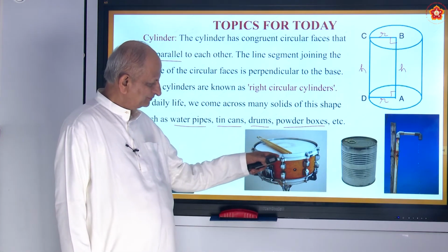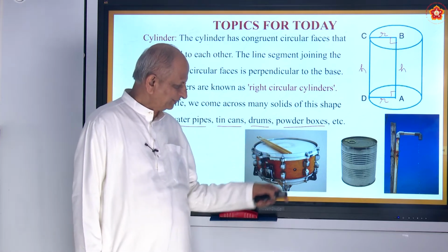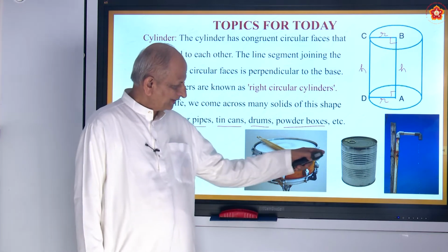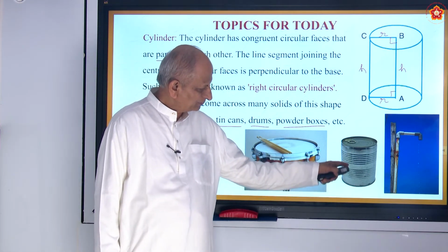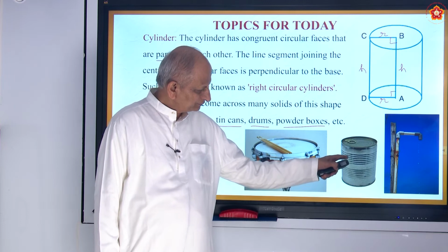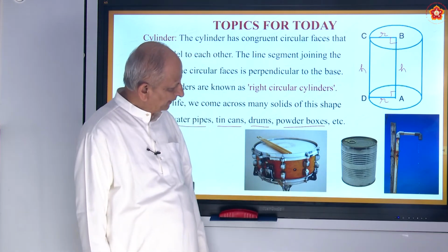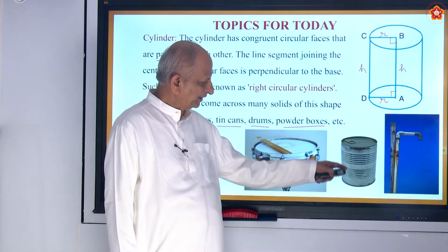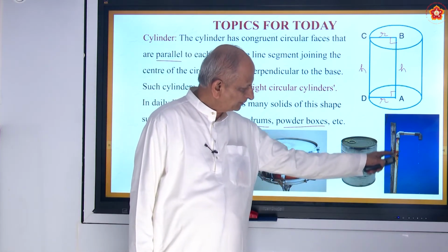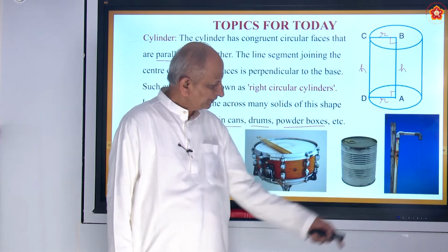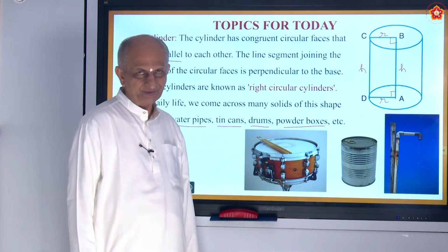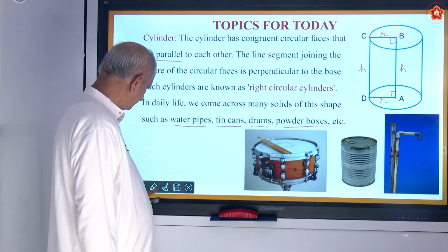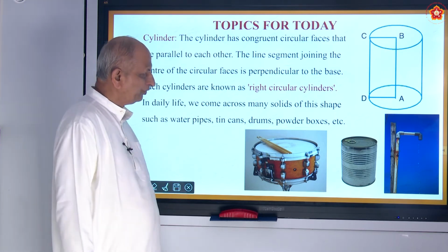What is this called? This is in a band set we use, right? What you call a drum. And this is the tank made up of, say, for paints, or usually paint box, which is cylindrical in shape. And these are the pipes, water pipes. That is also cylindrical shape. So just for your information, that is being shown. And you will be knowing so many things like that.